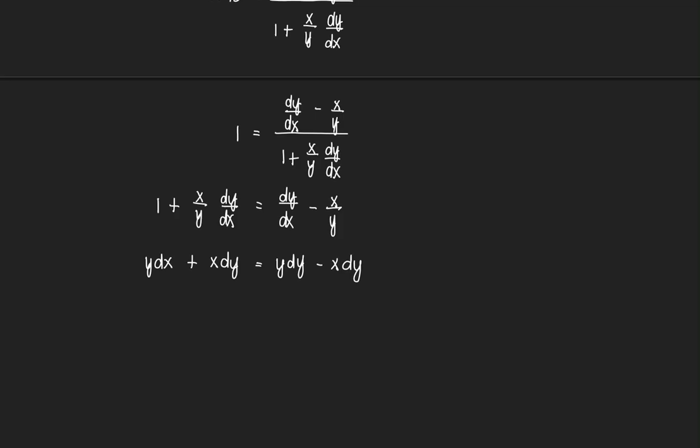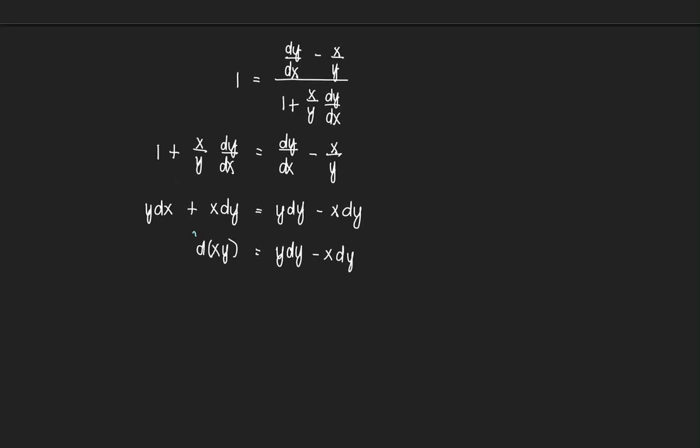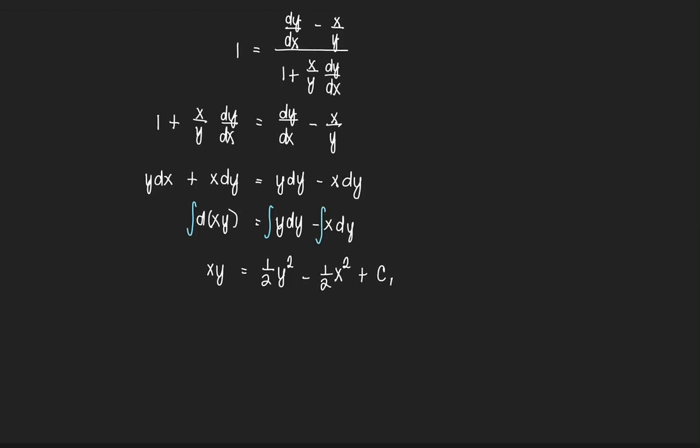And the left side is an integrable combination. That would be the differential of xy equals y dy minus x dx. So all the terms are already integrable. So integrating, we get xy equals 1 half y squared minus 1 half x squared plus c sub 1.